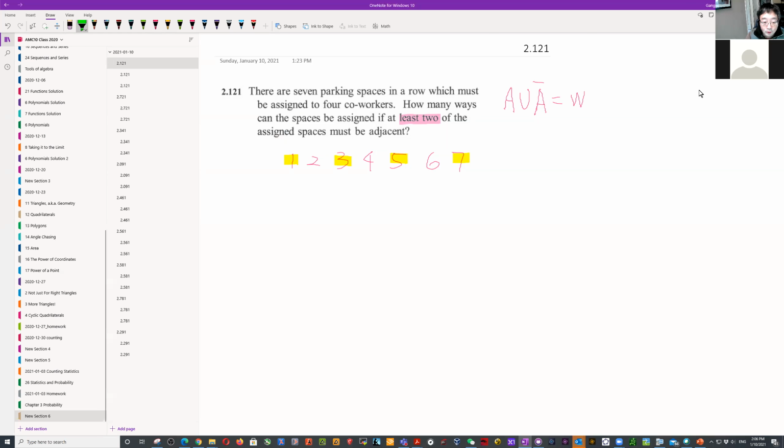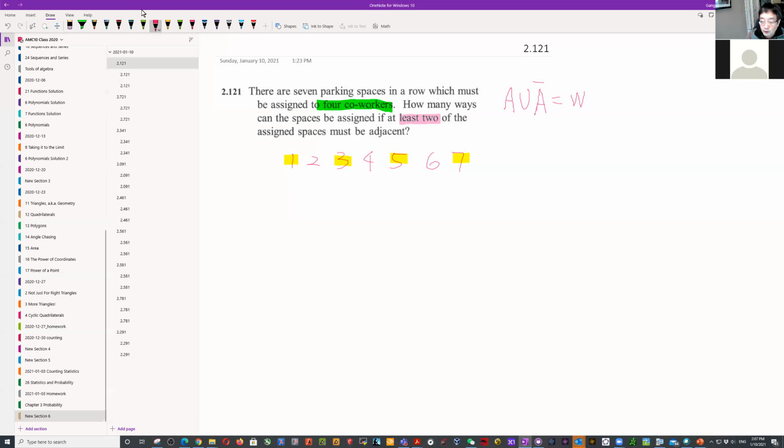Also the 4 co-workers are different people, you cannot mistake them. So randomly assigning 4 distinguished people to 7 distinguished spots is fairly easy to understand.